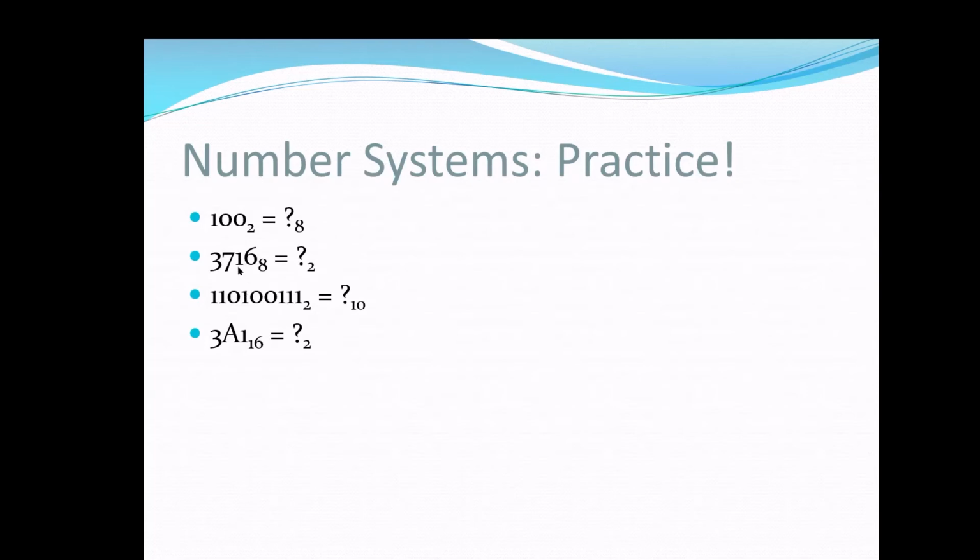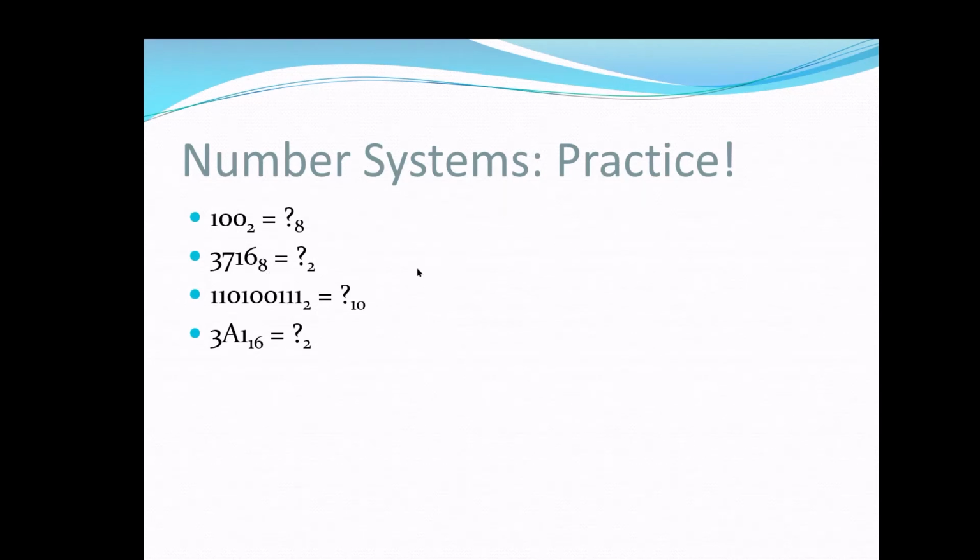This symbol here is 0, 0, 1, because since it's base 8, we're grouping them in 3 digits. And the last one, 6, is just 1, 1, 0. So the whole thing is 0, 1, 1, 1, 1, 1, 0, 0, 1, and 1, 1, 0.